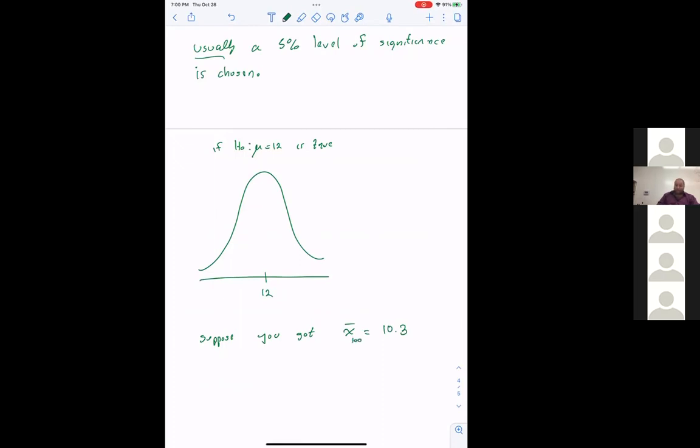And the question is, what's the likelihood that you got the result of 10.3 if the null hypothesis were really true? 10.3 would land somewhere out here. And the chance of getting 10.3 or something even more extreme than that is less than 5%. So what's more likely, that it's centered at 12 or that it's centered somewhere like this, nearer to 10.3?